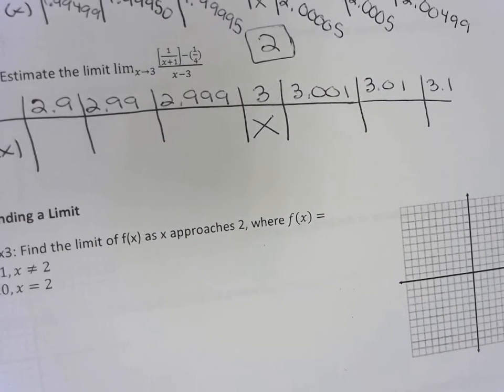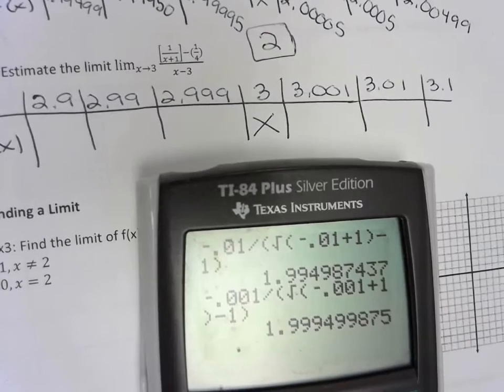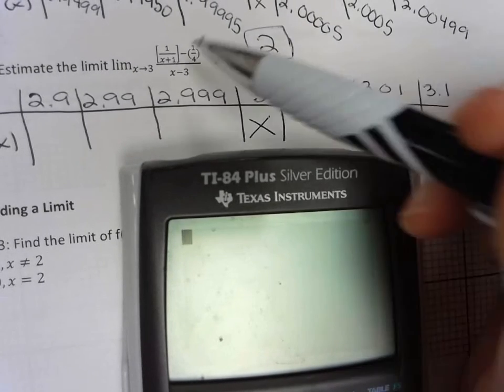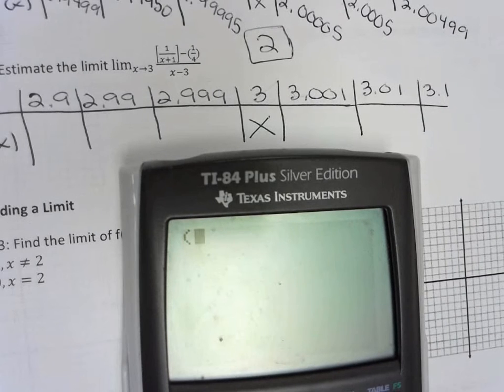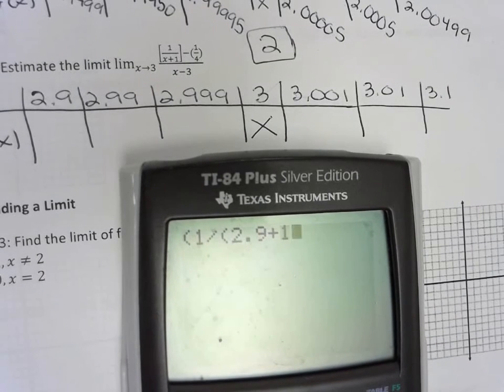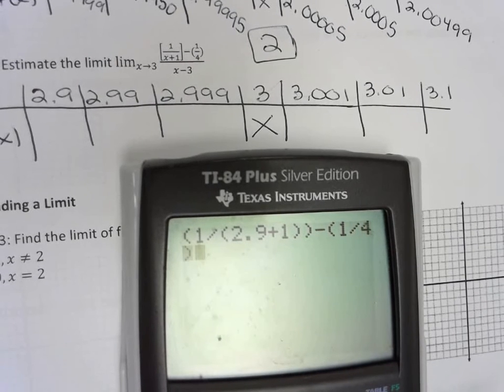So as I plug this in your calculator, let me just show you how to do it once real quick, and then I won't do it for the rest of them. If I look up here at the top, I have 1 parenthesis, 1 divided by, and make sure you put parentheses for the denominator, 2.9 plus 1, double parenthesis, minus 1/4.